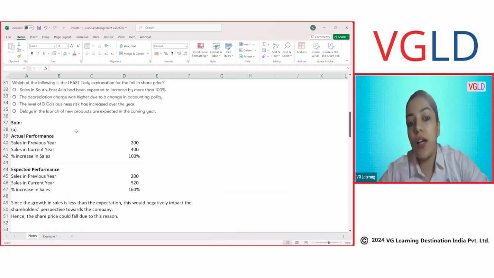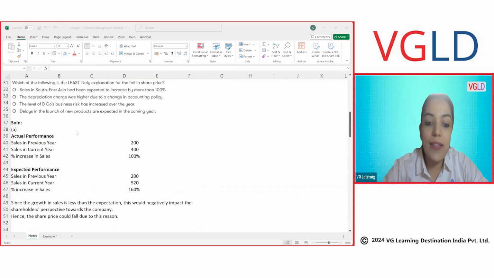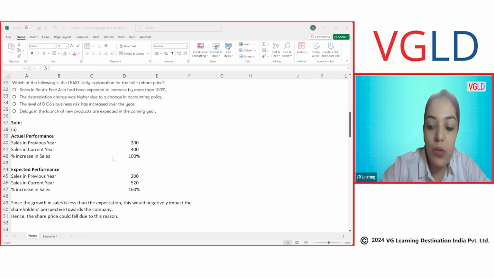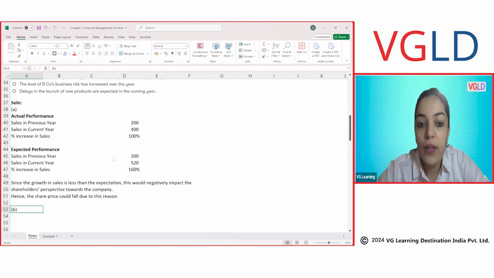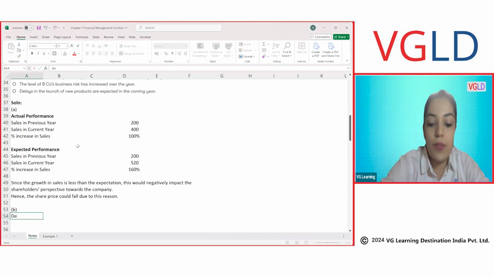Then, the depreciation charge was higher due to a change in accounting policy. Okay, can the share price fall because of a change in accounting policy? No. Shareholders know that this is just an allocation. Always remember that depreciation is a systematic allocation. I'll write it down.